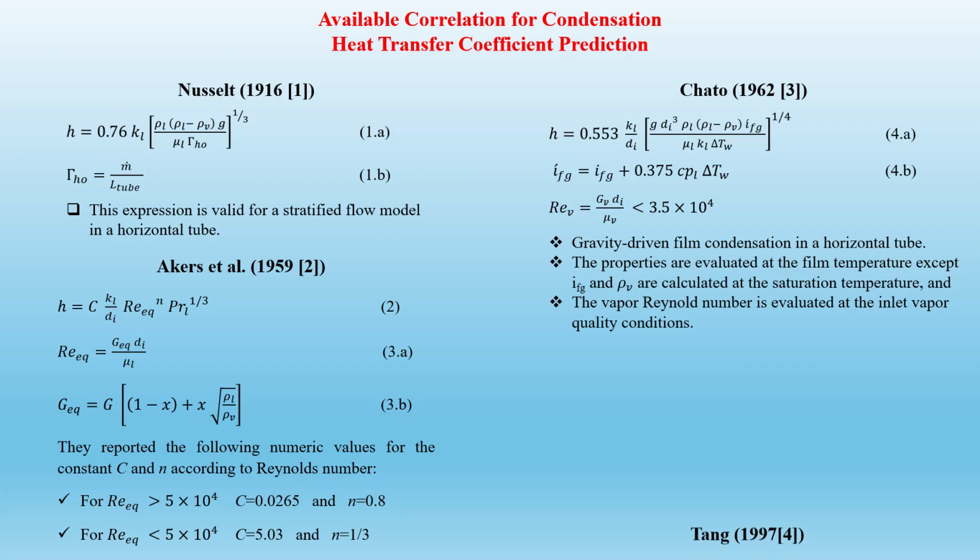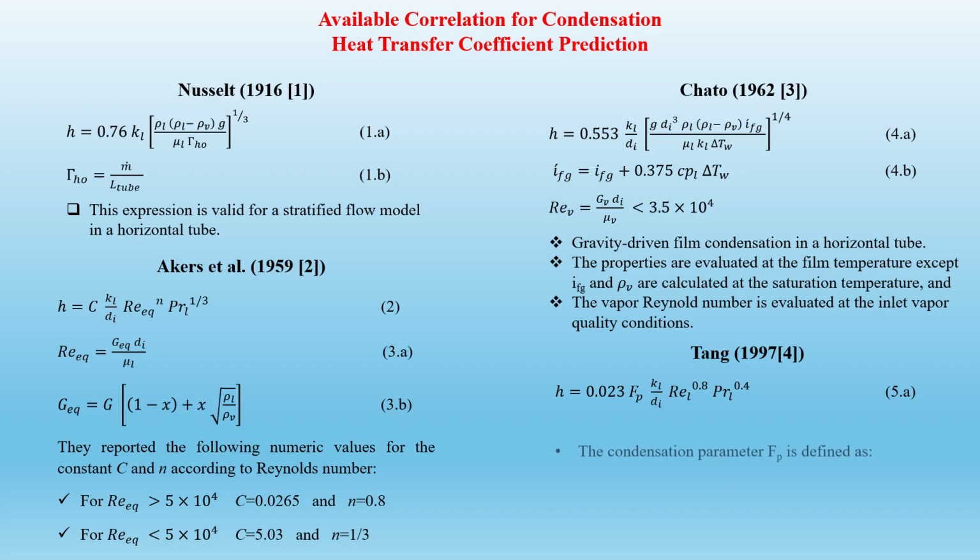What we have also is Tang in 1997. He presented a form of equation similar to the equation presented by Akers and others, but including the effect parameter f sub p, and f sub p is defined as shown in equation 5b.